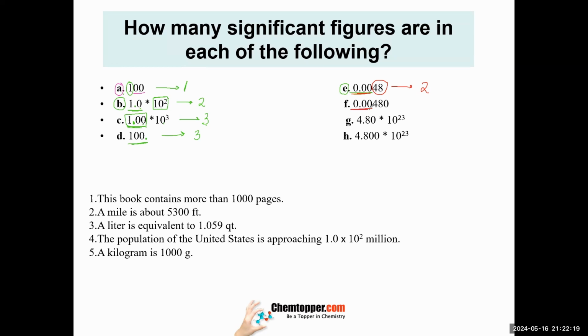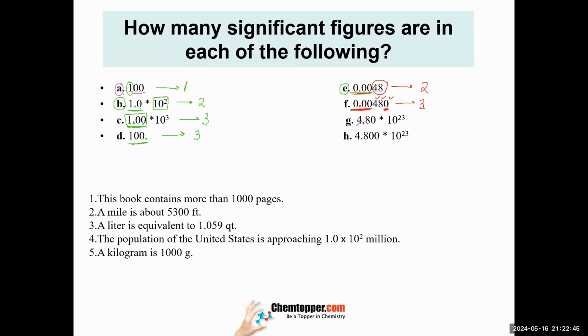Check this one. What are these? Leading zeros, zeros which are placed in front of the number. Do we have a decimal? Yes. So trailing zero is counted? Yes, this is trailing. So how many significant figures? Don't count leading zero, just count 1, 2, 3. 3 significant figures.